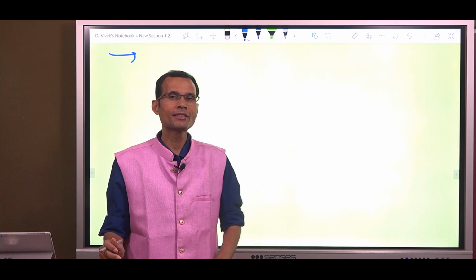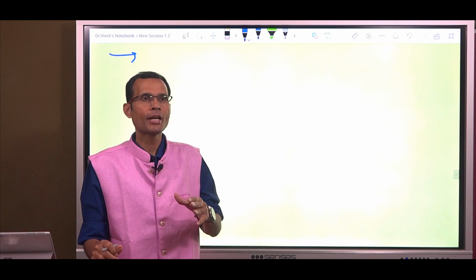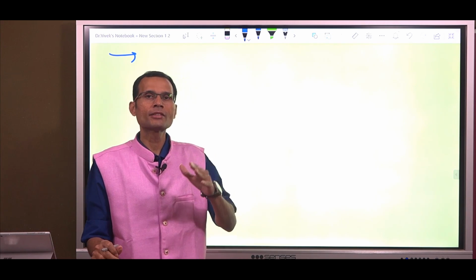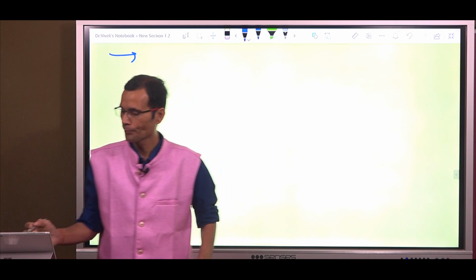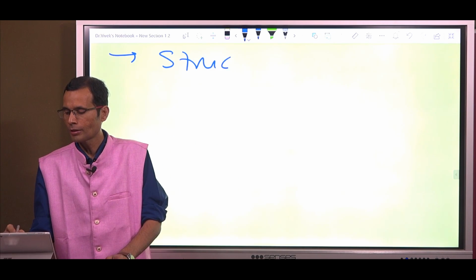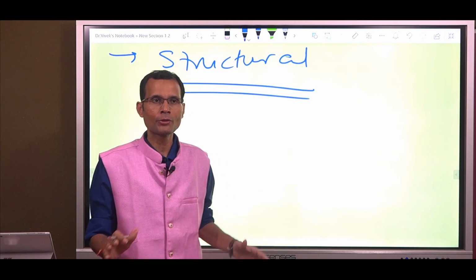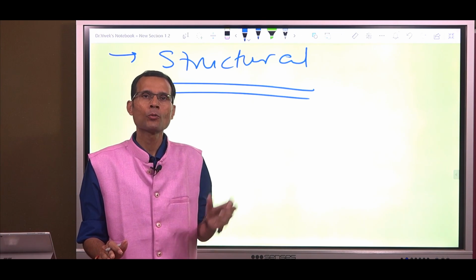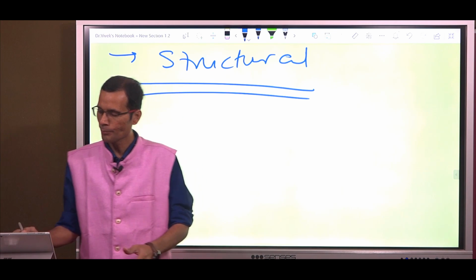now this is a little debatable, but you must have read that the sarcomere is the structural and functional unit of a muscle. Structural, fine. The sarcomere is the structural unit, the smallest unit where the actin-myosin interaction is taking place.